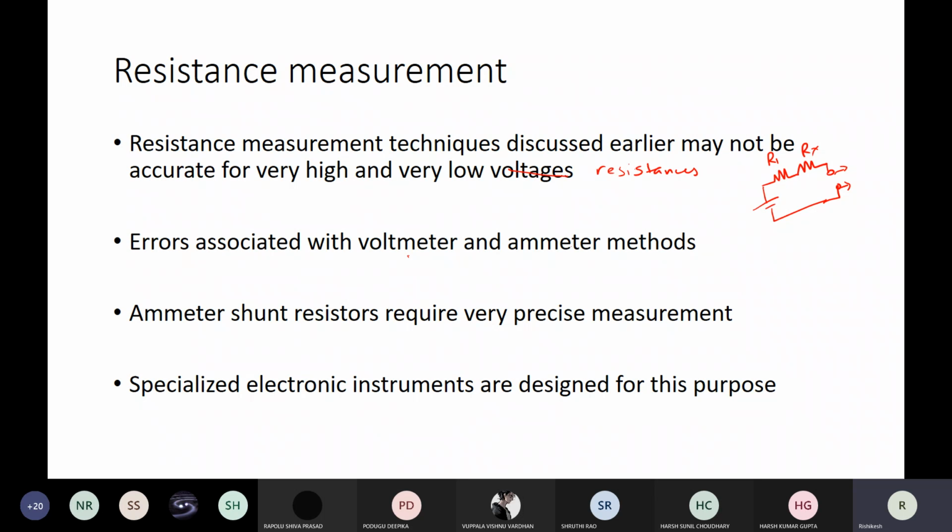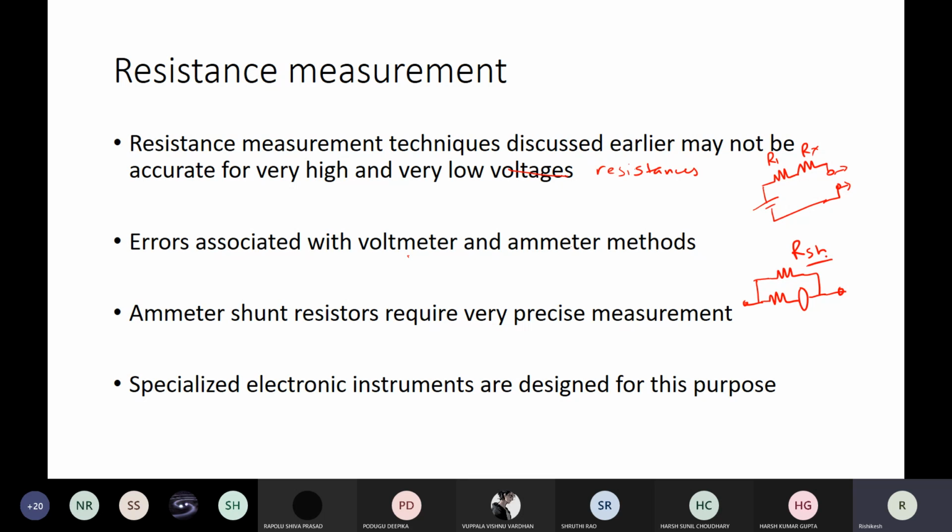And if you see specific resistances, like in the ammeter design, if you remember, we used a shunt resistance, connected in parallel, to take away some part of the meter current, to extend the current measurement range of the ammeter.